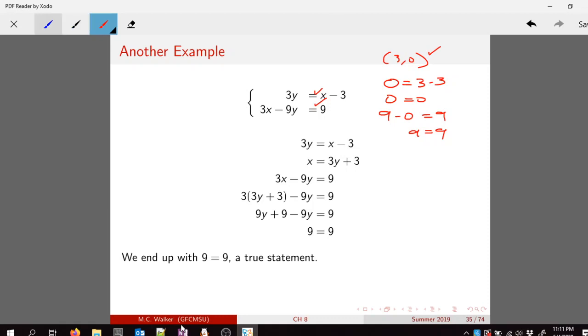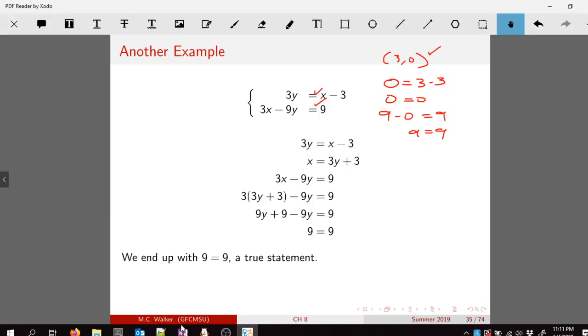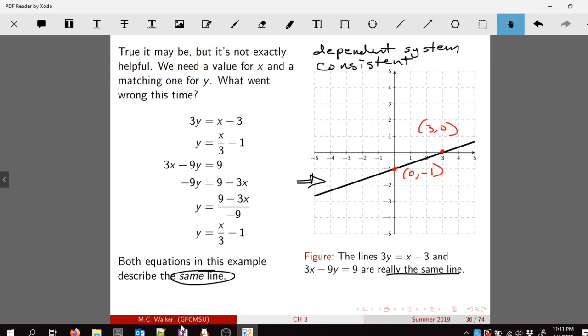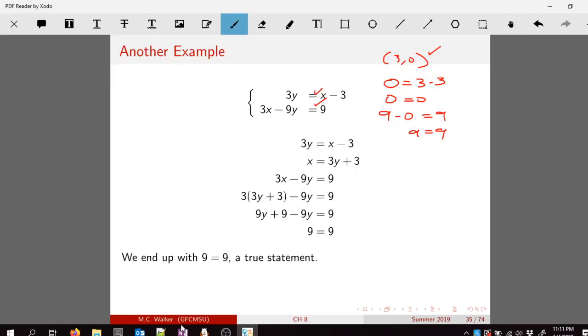It's a solution. And our other proposition was (0, negative 1). So let's see here. Negative 3 equals 0 minus 3. Yep, that works. And then 0 minus 9 times negative 1 equals 9. 9 equals 9.